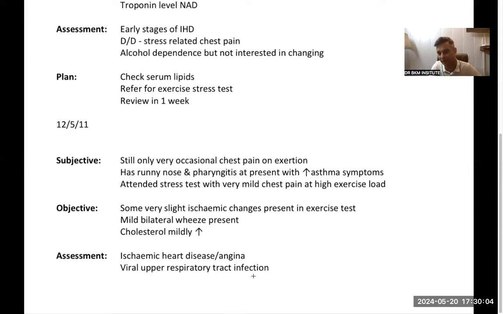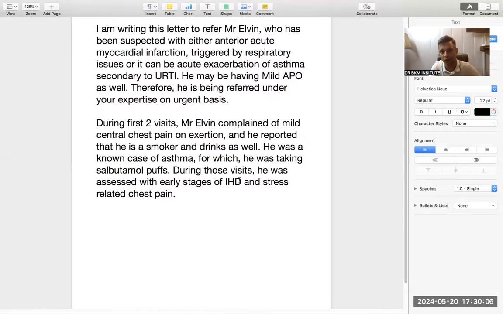So viral upper respiratory tract infection. During those visits, he was assessed with this and also viral URTI. Simply, rather than thinking too much, I have mixed up two visits. Now my two visits are over.